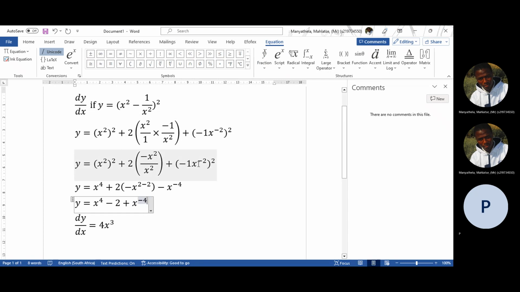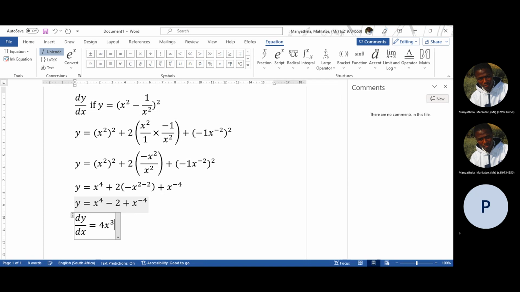You can see we're squaring a negative. When you square a negative, negative times negative, it becomes positive. So we'll have 4x cubed.